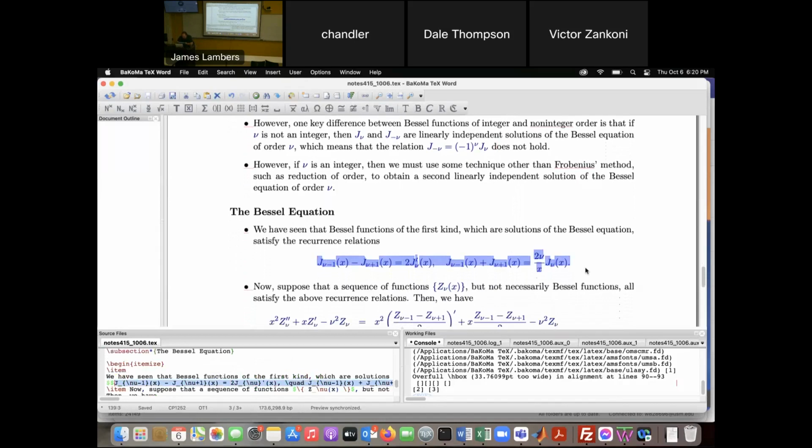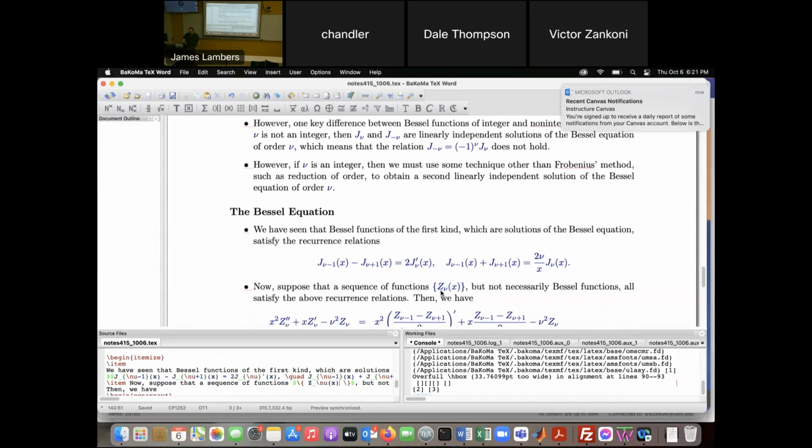Now these recurrence relations, which you will work out as one of your homework problems, apply in integer and non-integer cases. But now, let's suppose we have some set of functions indexed by this order nu, not necessarily Bessel functions, but let's assume that they satisfy these recurrence relations.